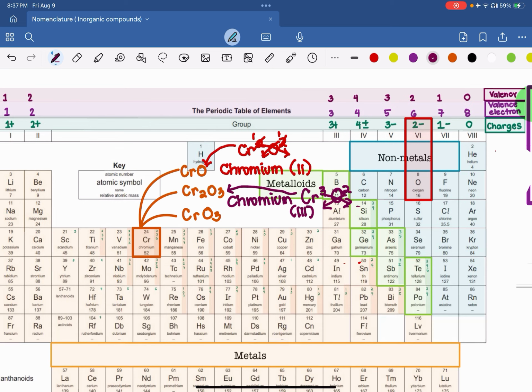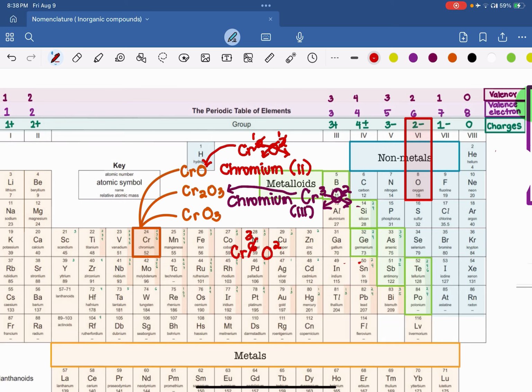Moving forward, we have here the last possible charge of chromium, which is Cr6 and oxygen 2. So in this case, you can see that the charges can be further simplified because they are divisible by 2.